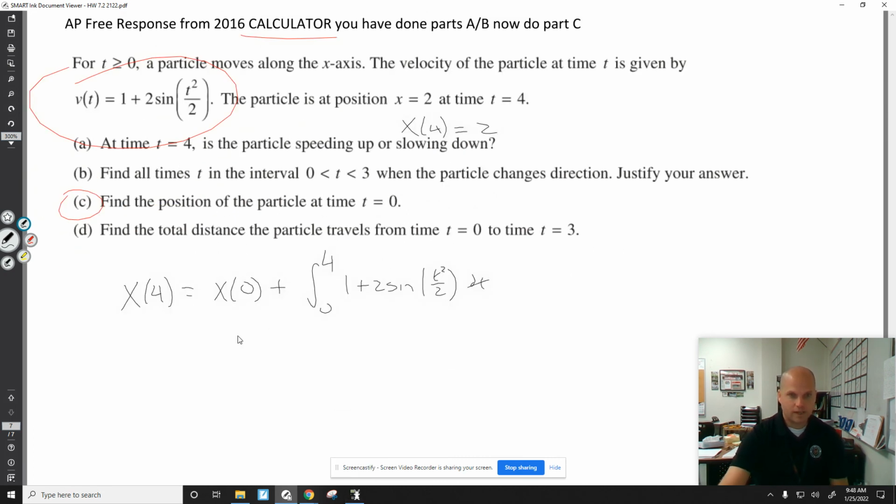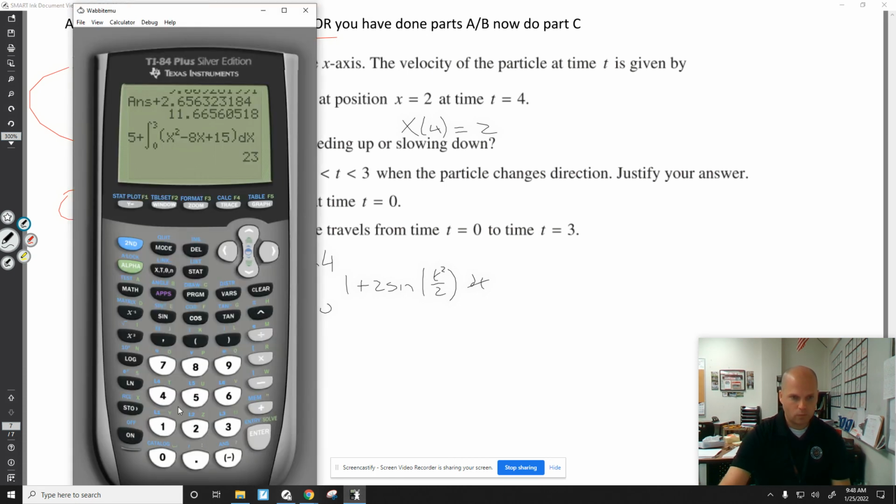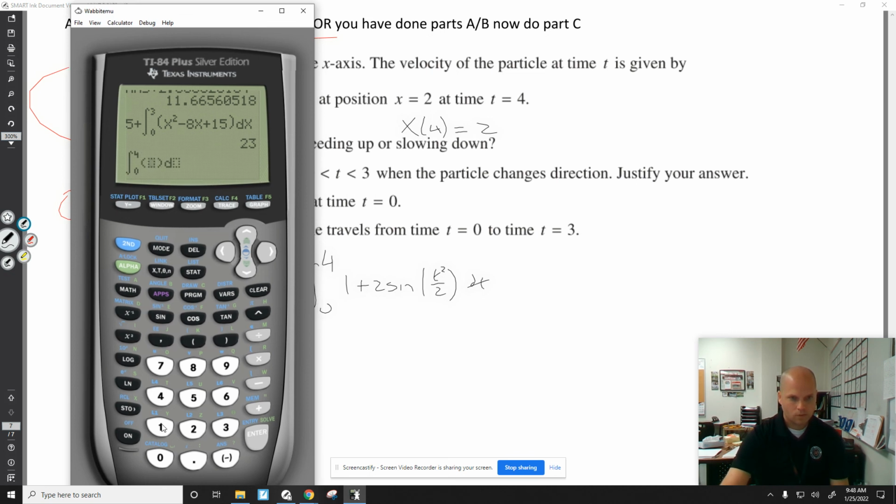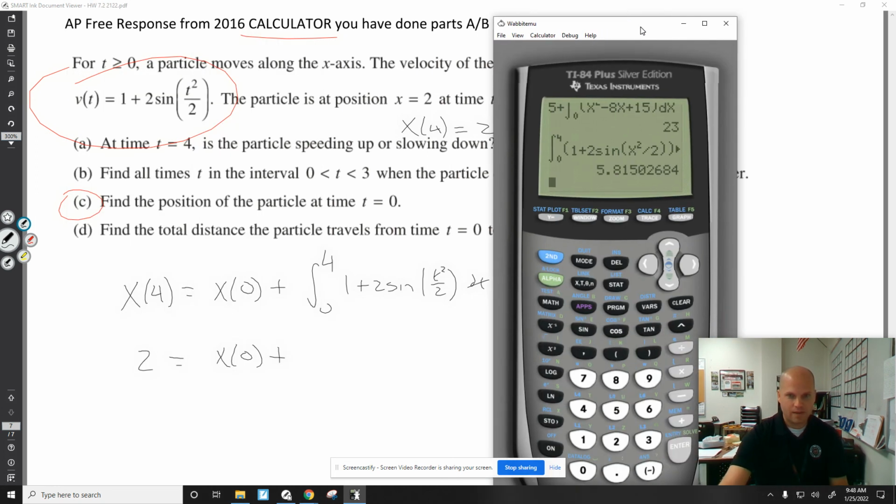X of 4 is 2. X of 0 is what I'm trying to find. 0 to 4, math 9. 1 plus 2 sine t squared over 2. 5.815.